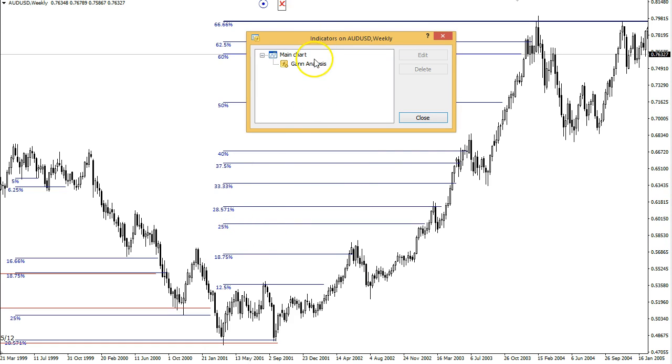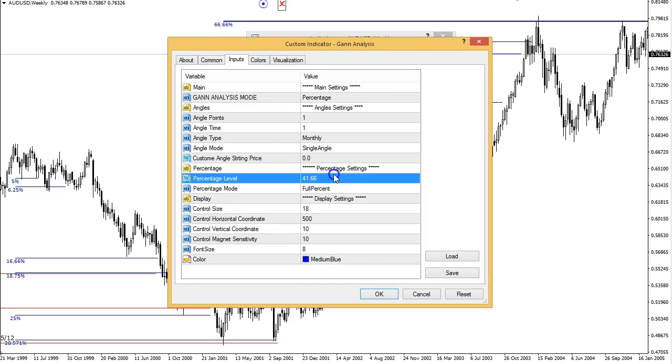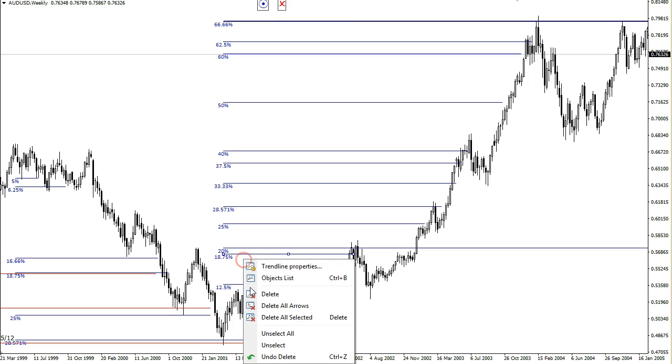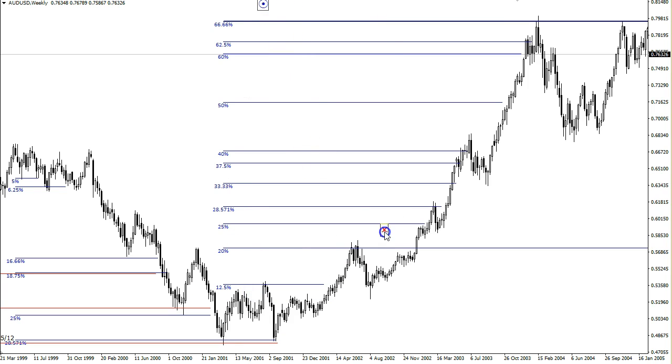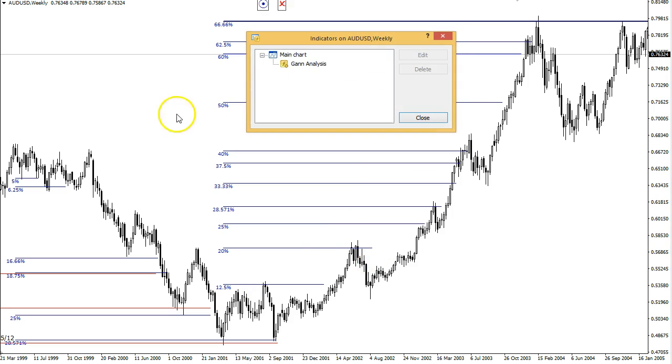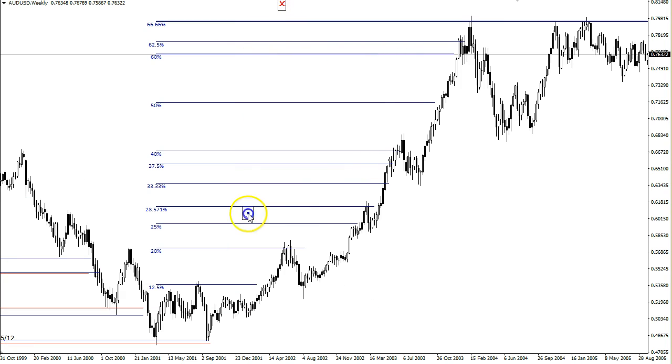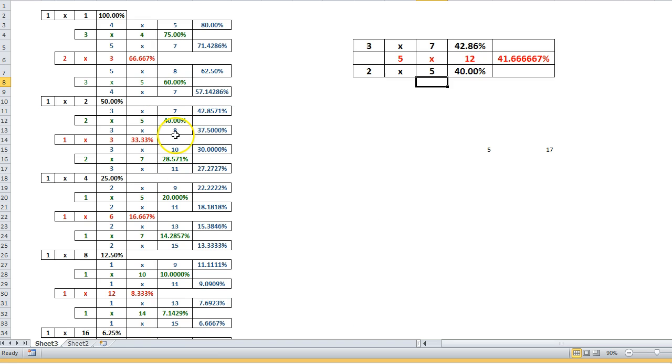18.75 and 25%, you have halfway at that time, and in between these two percentages is the 20%. 20% is not that perfect, but you can also take 22.22. Remember, I'm still studying the chart movement. 22.22 didn't work.